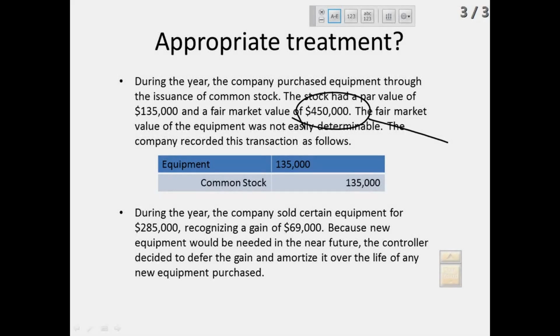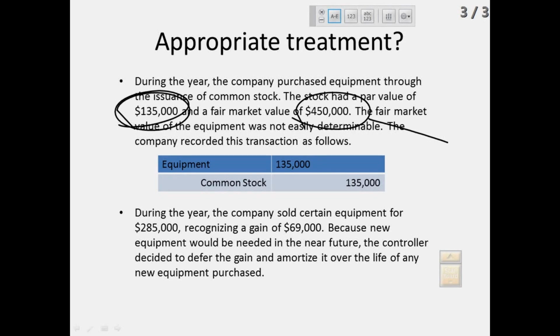Okay, $135,000. This has nothing to do with the cost to me. As a firm, I am giving them a bunch of shares of my stock. They own pieces of my stock now. They own a chunk of my firm, and they gave me equipment. What is the value of the equipment? Well, they didn't have a list price for that.